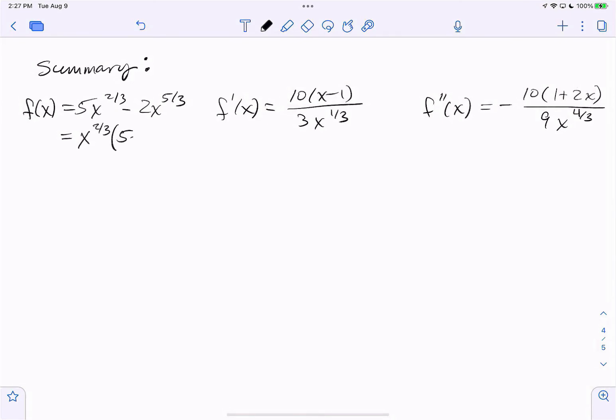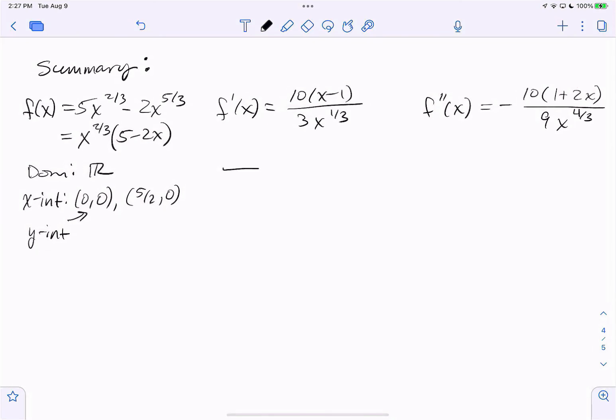We're left with 5 minus 2x. Let's go back to the very beginning. We said that the domain of f was all real numbers. And here we have x-intercepts. We can see that they are at (0, 0) and (5/2, 0). Notice that (0, 0) is also the y-intercept.